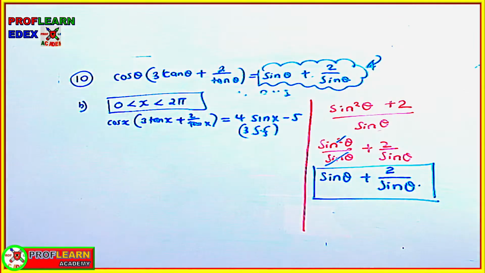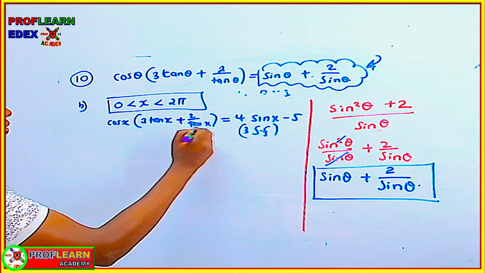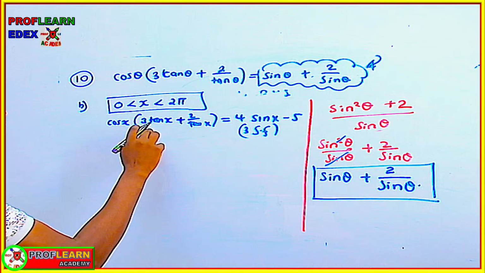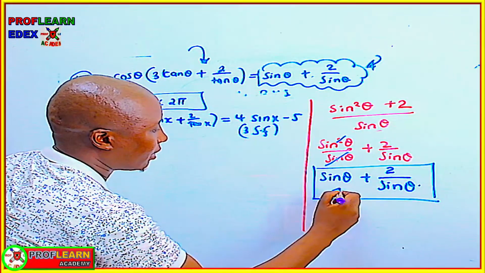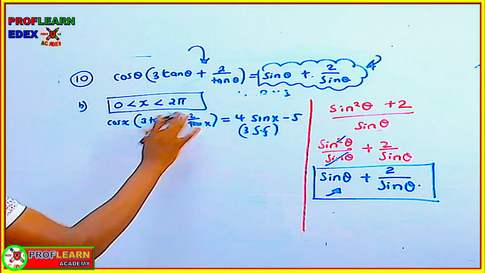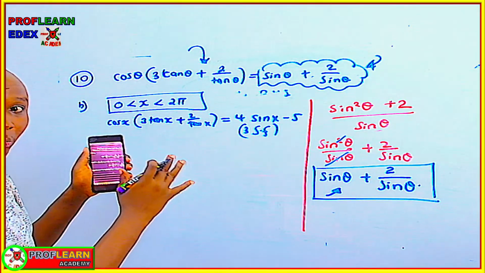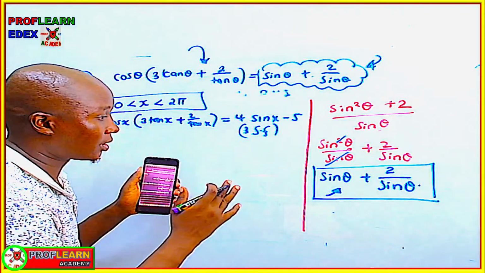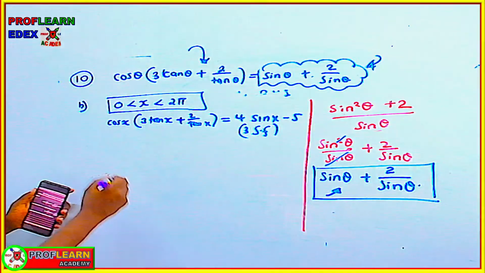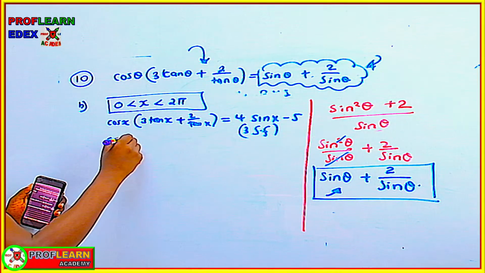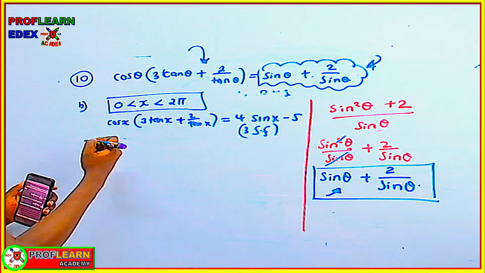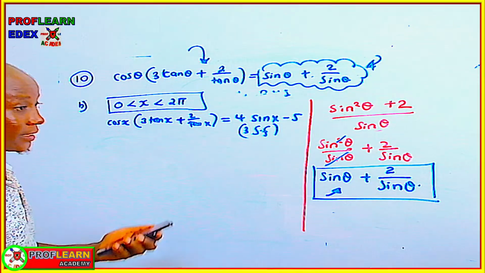So once you've identified that, remember this expression that we are given is exactly what we were given and we have shown there. So whatever we have on the left hand side here, we can replace it with this part of the equation. So we shall say sine theta. Now our expression is not theta, it's x.